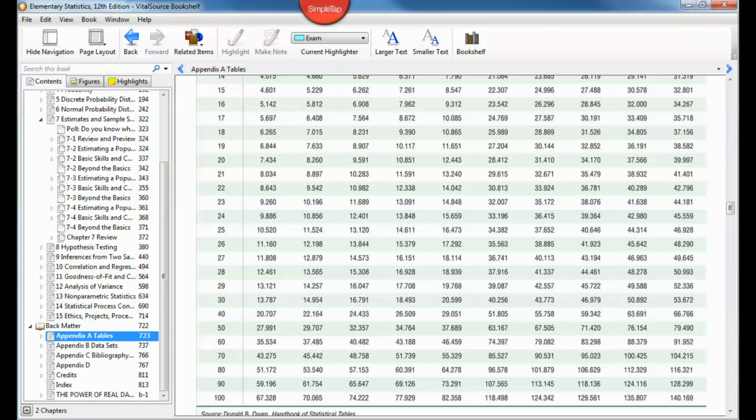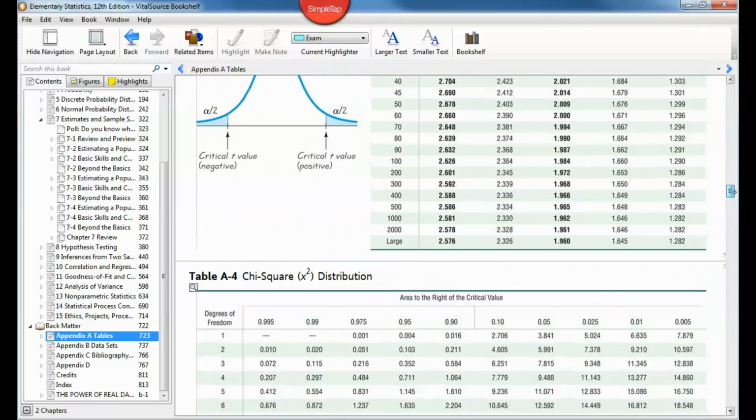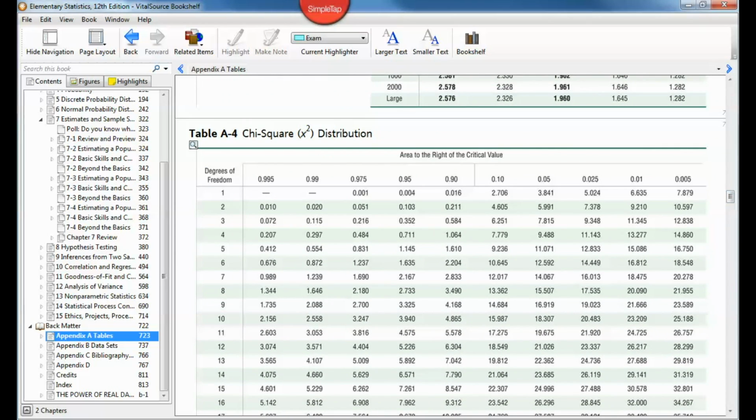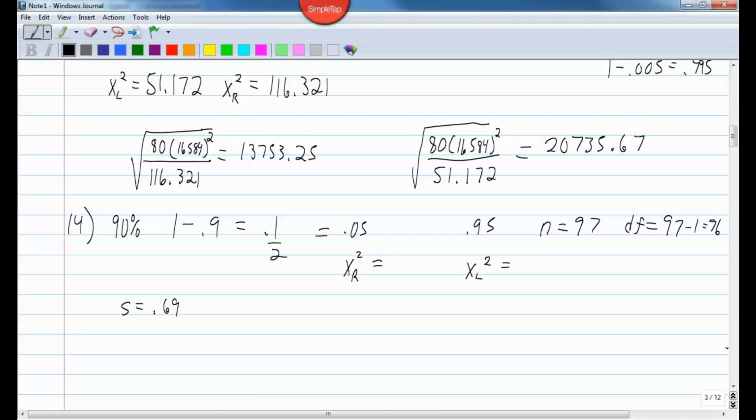The area to the right, we said for a 99% confidence interval was 0.01, so we have to use 0.005. All right, so no, it was actually 90%, so 0.1, so we're going to use 0.05.